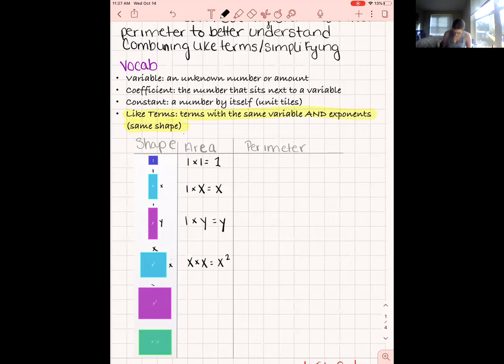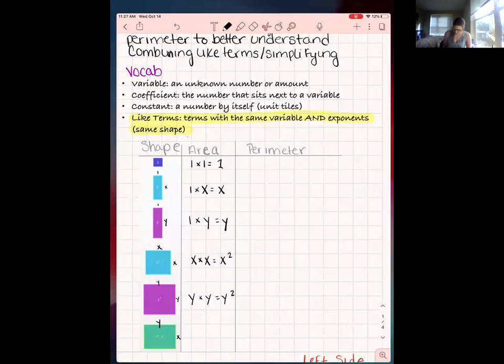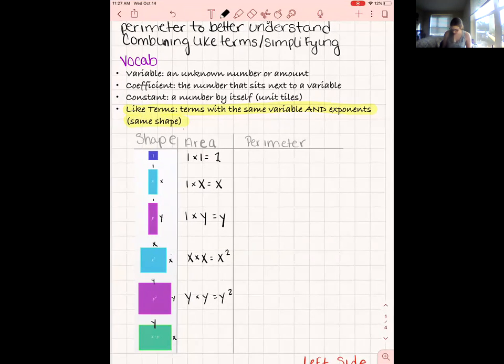The y is similar, it's a y by y, so y times y equals y squared. And then our last one, the longer side is the y, the shorter is the x, so it is an x by y shape, which gives us xy. So that should have been a review from our previous notes.